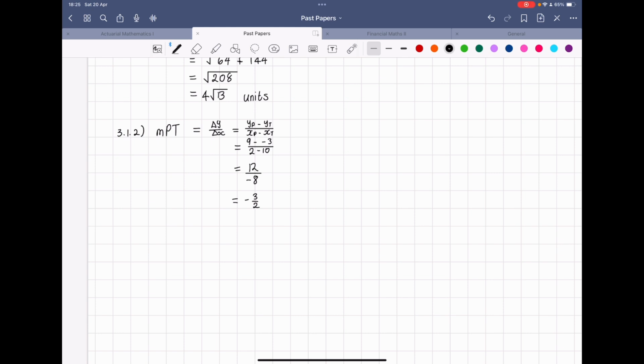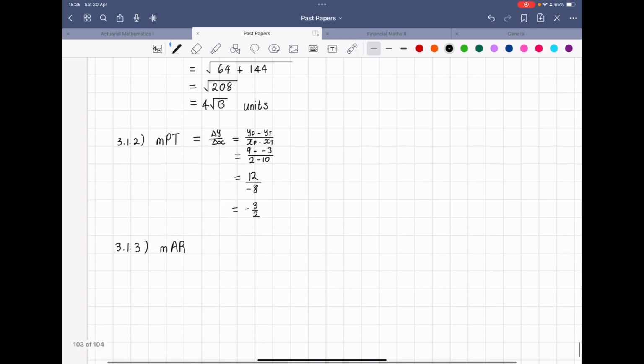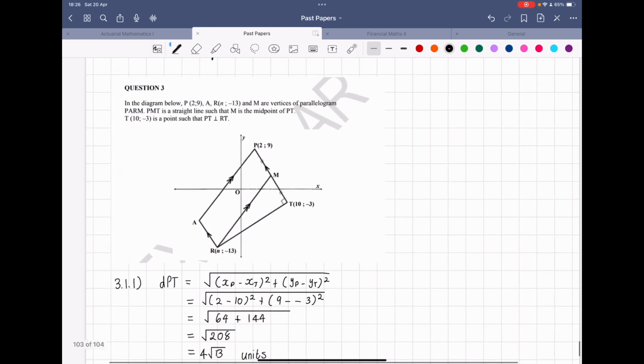Then 3.1.3, I'm asked to find the gradient of AR. So I don't have the coordinates for A, so I can't use the gradient formula like we just did for PT, but I do know that this is a parallelogram, which means that the gradient of this line is equal to the gradient of this line since they are parallel.